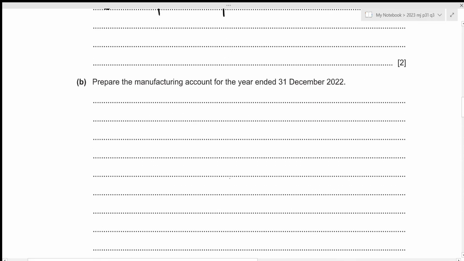We now need to prepare the manufacturing account for the year ended 31st December 2022. So this is the manufacturing account. And this is for the year ended 31st December 2022. Alright.